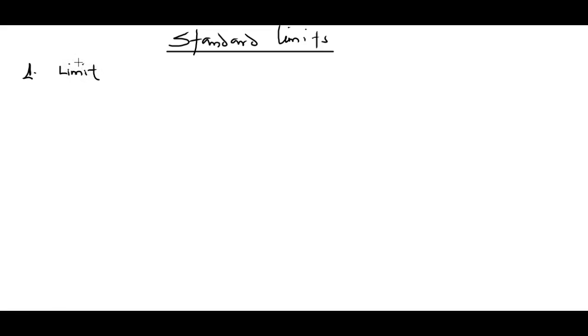So the first I will talk about is limit of a constant. The limit of a constant, where if you have the limit of k as x tends to c, the answer is going to be k.